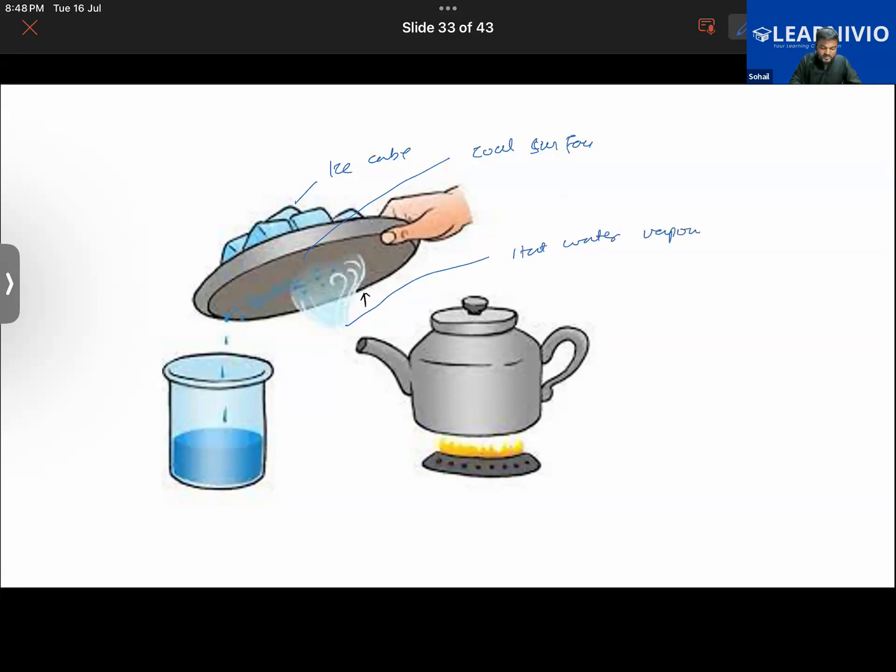So as the hot water vapor comes in contact with a cool surface, it converts into water droplets. You have also observed that droplets of water would develop on this plate, and then start to fall on the other side and accumulate, stored in this glass beaker.